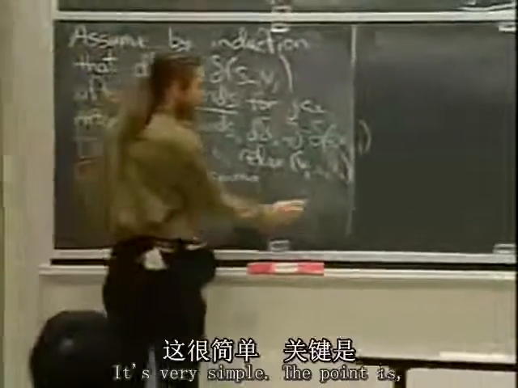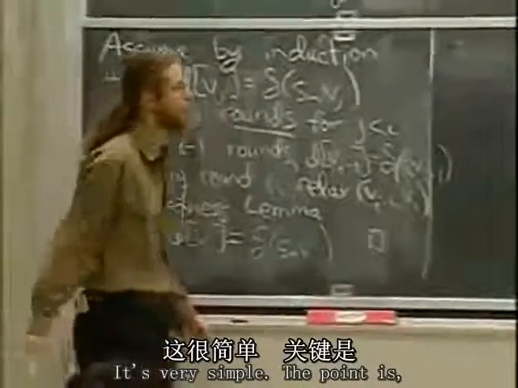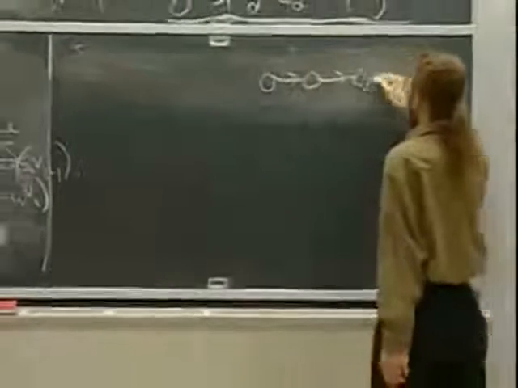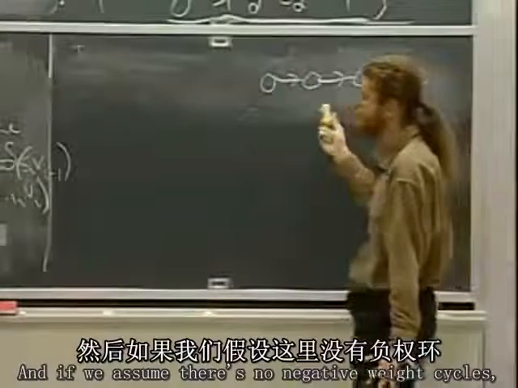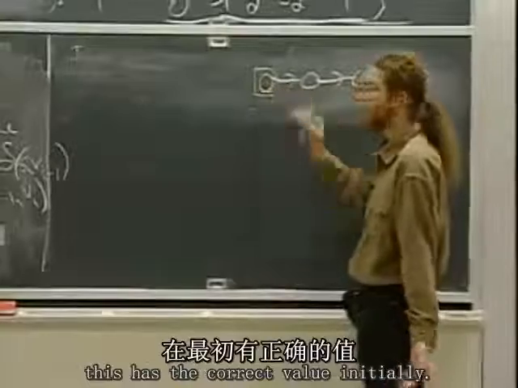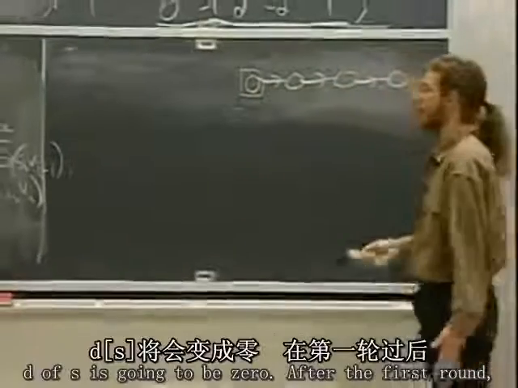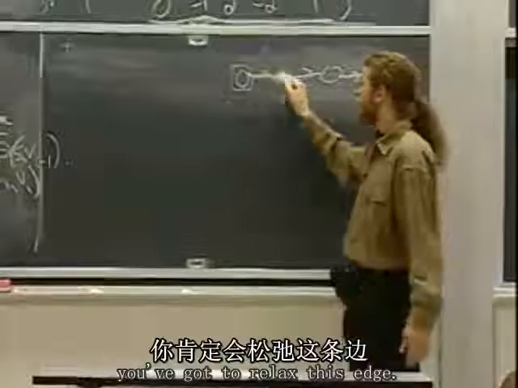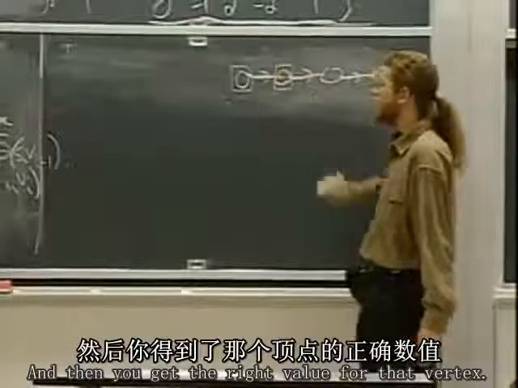Very simple. The point is, you look at your shortest path. Here it is. And if we assume there's no negative weight cycles, this has the correct value initially. d of s is going to be 0. After the first round, you've got to relax this edge, and then you get the right value for that vertex.